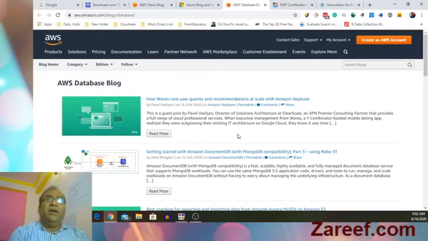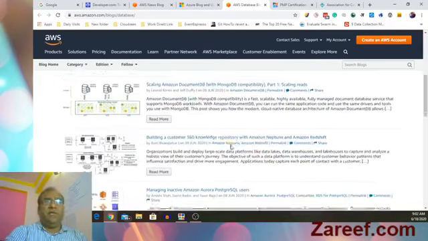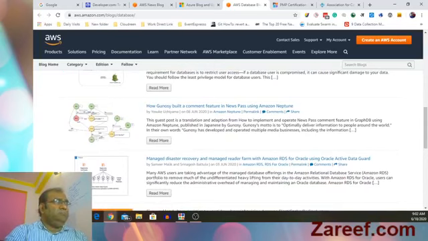So that's where this database blog comes into the scene, and they really have good use cases. They publish the architecture, how we should develop our application in a specific architecture. That's where they're really doing good.